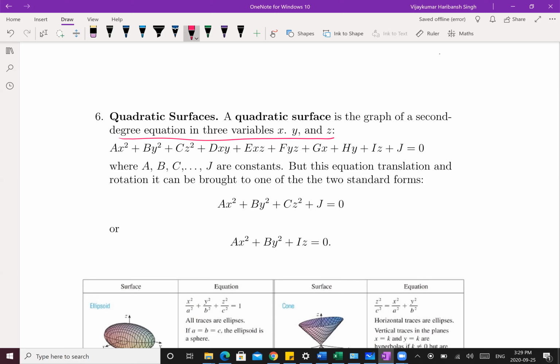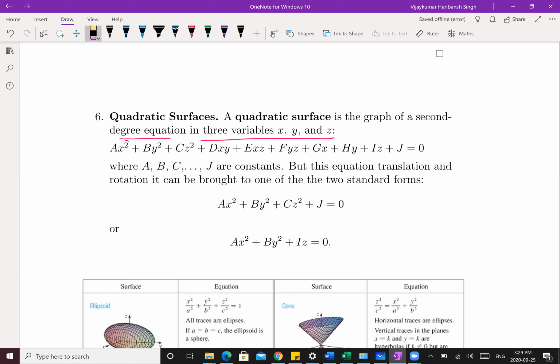All possible mixings of x, y, and z are there. The only thing is that the degree is 2. So this gives a quadratic surface, and the classification of them is easy.